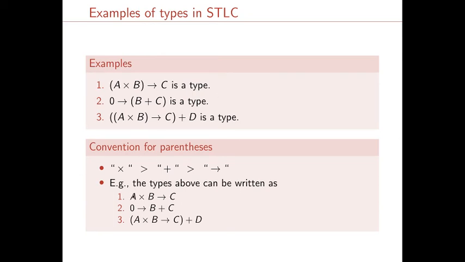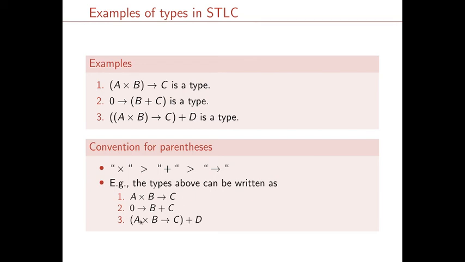For instance, we can write the first example as A times B arrow C without any parentheses, because by convention we put parentheses around the more tightly binding construction, which is the times. The second example can be written again without any parentheses, 0 arrow B plus C, because by convention we imagine parentheses around B plus C, because the plus binds more tightly than the arrow.